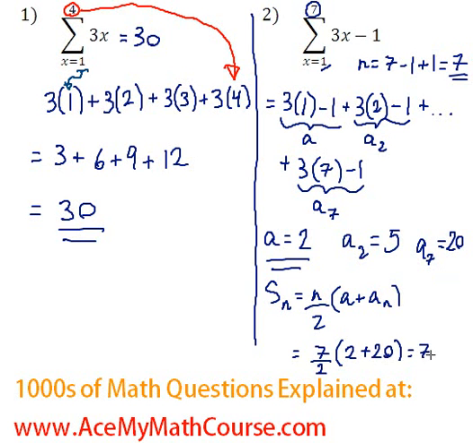So here we have 7 over 2 times 22. 22 divided by 2 is just 11. We can do that. And 7 times 11, 77. So this whole thing here is just equal to 77.